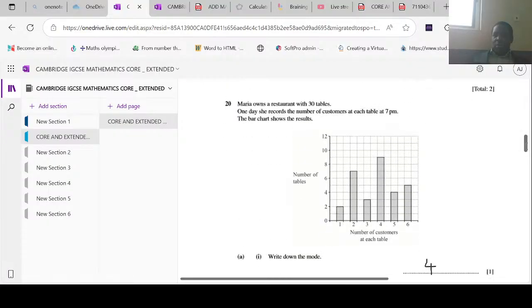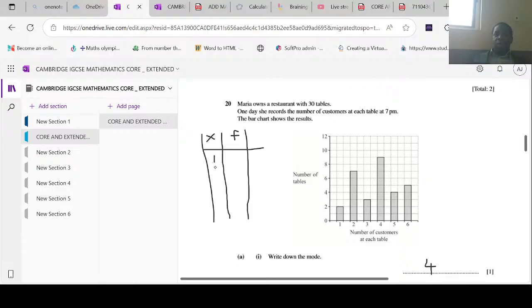So if I'm going to use a table, I'll first start with the scores. But now you need to know what the scores represent. Then I'll take the frequency. It is easy for me to understand because I know that the frequency represents the height of the bar. So the scores here are the number of customers at each table.